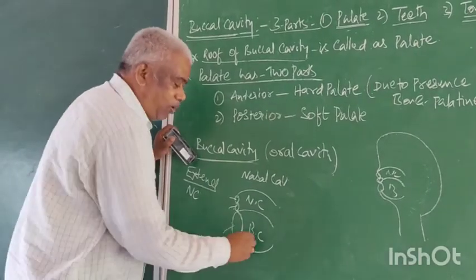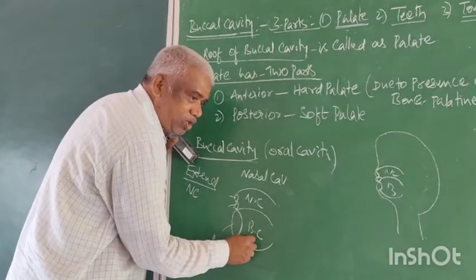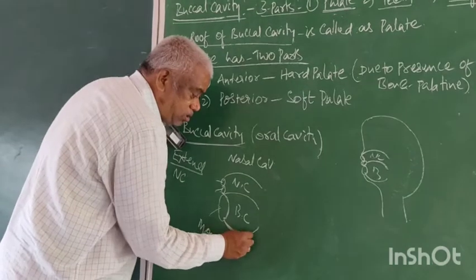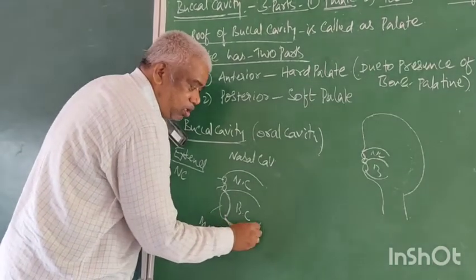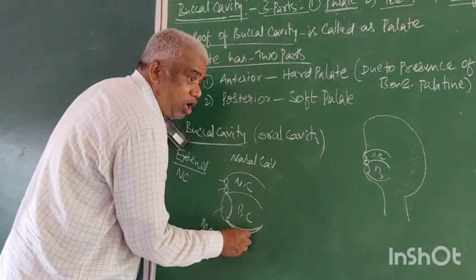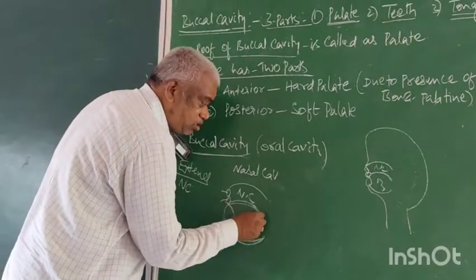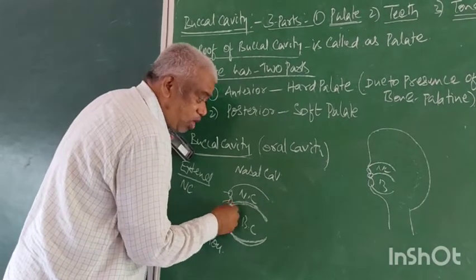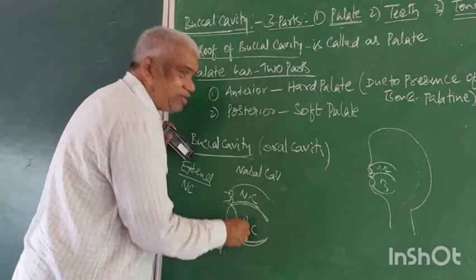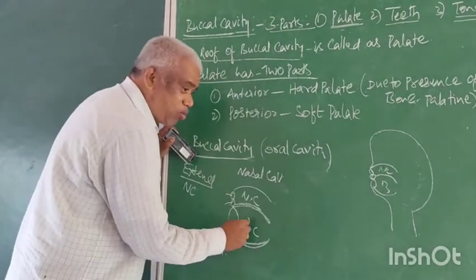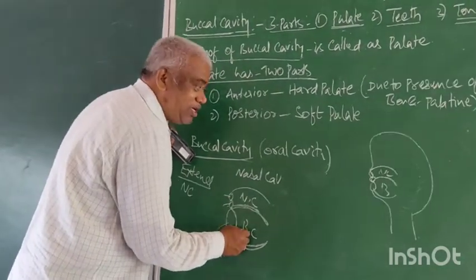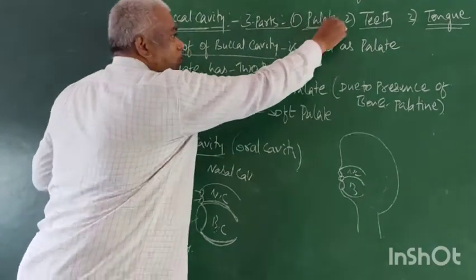Okay. Now, for this buccal cavity, this is the floor and this is the roof. The roof of the buccal cavity is called the palate.